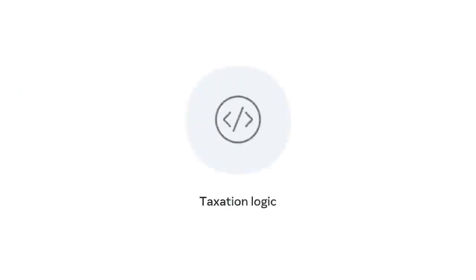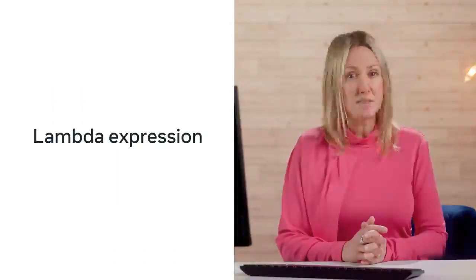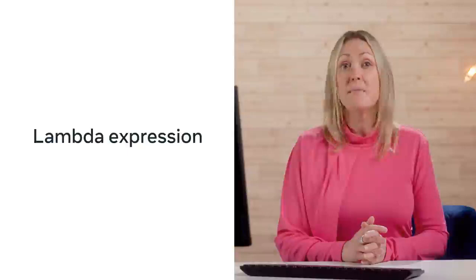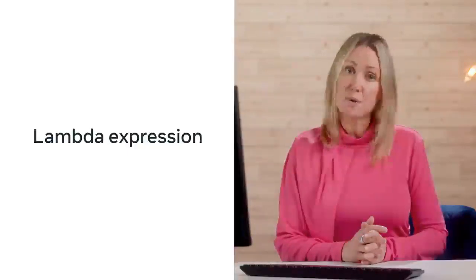Moving the taxation logic into a separate function and passing it to calculate paycheck as an argument will convert the calculate paycheck into the higher-order function. With this approach, the tax calculation can be customized for each individual employee. It can be implemented as reusable lambda expressions that can be assigned to specific employees. This is an example of a higher-order function with a function argument.